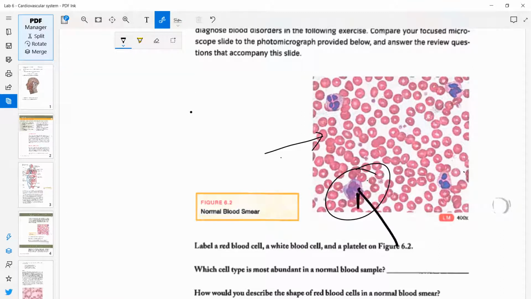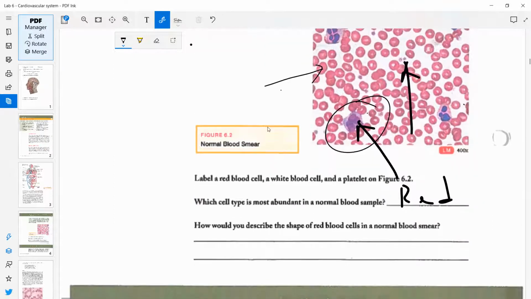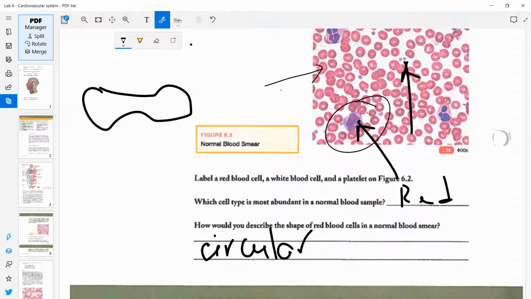White blood cells and platelets. So red blood cells are the most abundant in the blood smear, obviously. A red blood cell is circular, but if you look at the side, it's shaped like this, so it is biconvex.